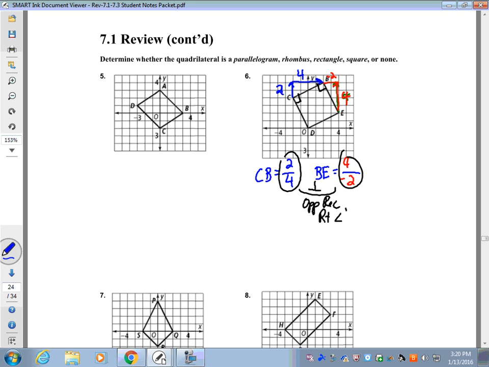Well, if I do that for all of them, let's say I continue this pattern. This would be down 2, so that's negative 2, to the left 4, that's negative 4. And then this one here would be down 4, negative 4, to the right 2. What did we notice for every single one of them? Think about what the distance would be for every single one of them.